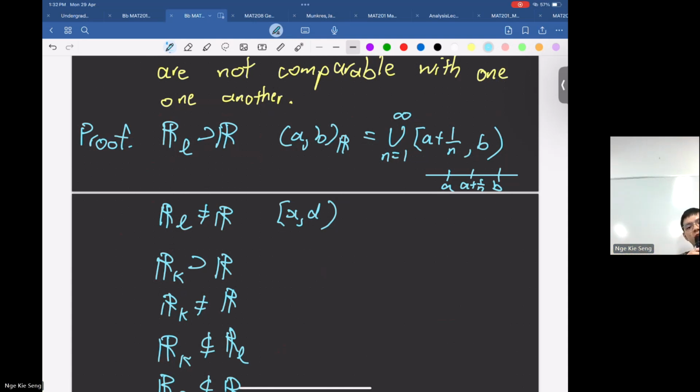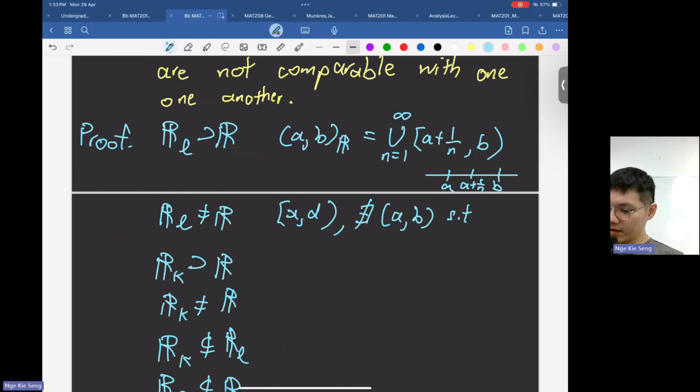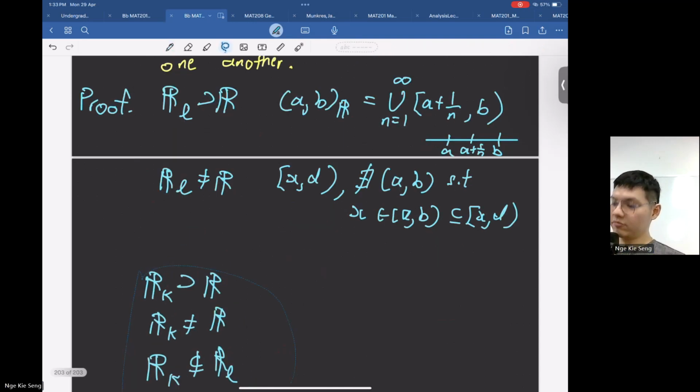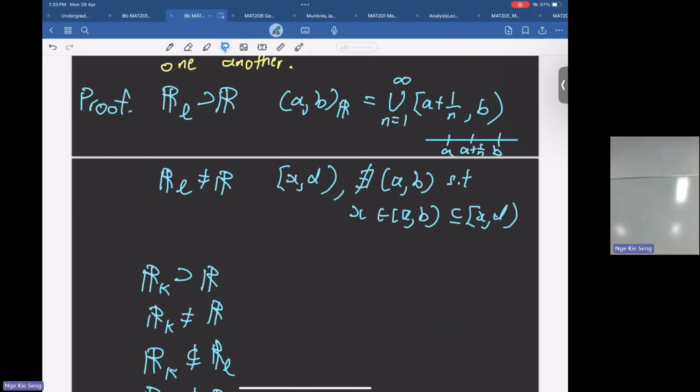Can you find a point inside this set such that you cannot cover it by an open interval? x, right? So the claim is there doesn't exist an open interval such that x is in (a, b) and (a, b) is in [x, d). Does it make sense? You pick this closed endpoint, and you cannot find an open set, a basis element in R, which contains x and at the same time is contained in this set.